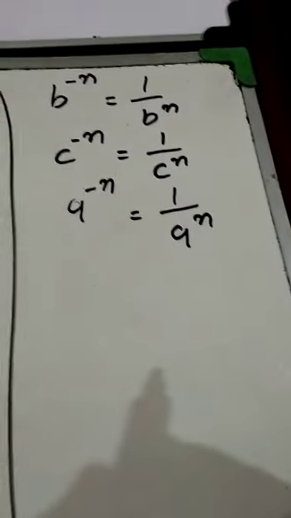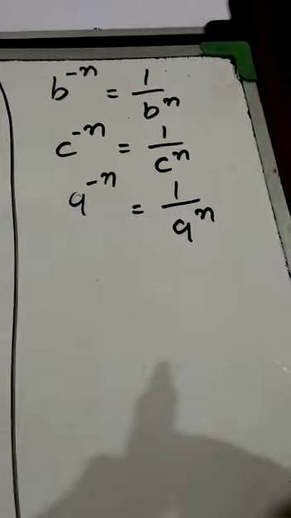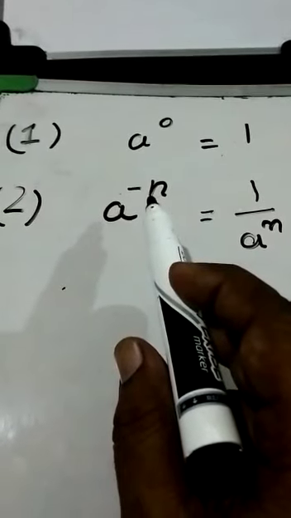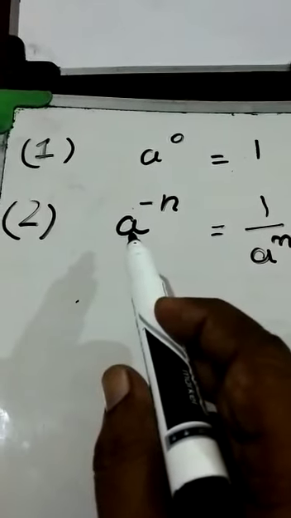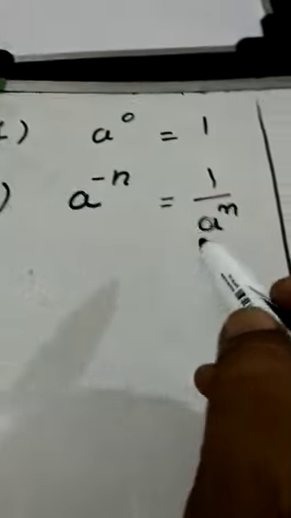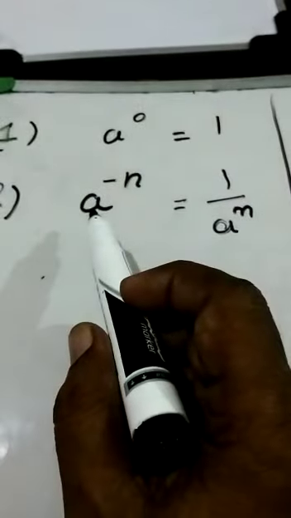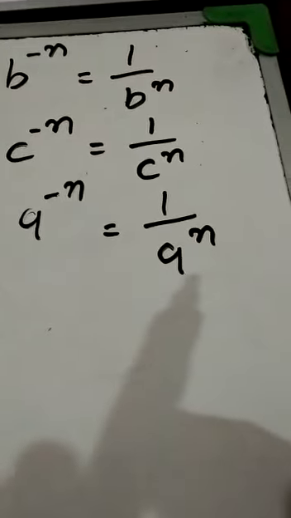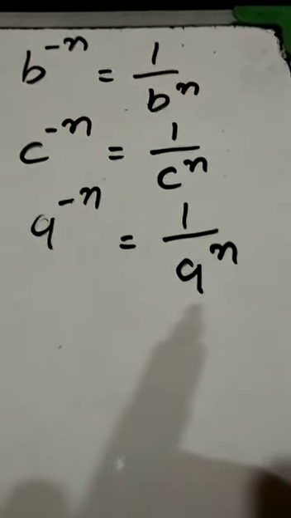Okay, so this is the second concept that you should understand: if we have a negative index and we want to convert it into positive form, then we always take its reciprocal, and when we convert it into reciprocal, the index becomes positive.